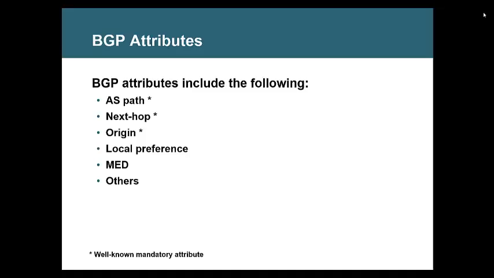The first one is AS path. But this is not the first in the attribute list. Here on this page it is first. The attribute list will come later. AS path is a well-known mandatory attribute. See the one with the star at the bottom saying well-known mandatory attribute. What does that mean?